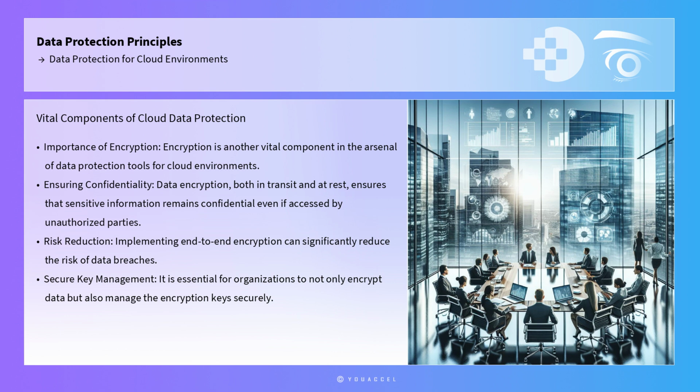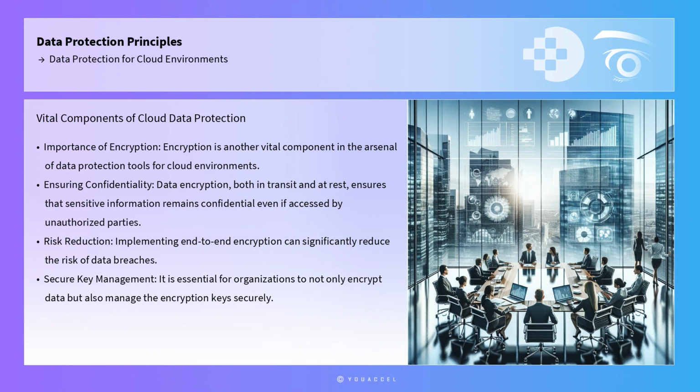Encryption is another vital component in the arsenal of data protection tools for cloud environments. Data encryption, both in transit and at rest, ensures that sensitive information remains confidential, even if accessed by unauthorized parties. Implementing end-to-end encryption can significantly reduce the risk of data breaches.